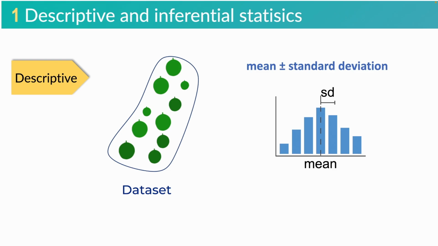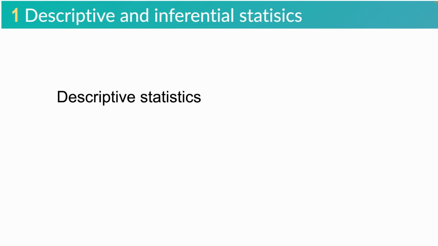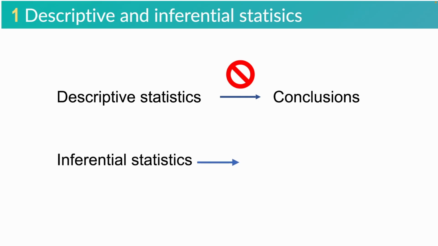We will delve into more detail on the measure of central tendency and the measure of variability later in this lecture. Descriptive statistics is used to describe the results of the dataset without making any conclusions. To make conclusions for a larger population from a dataset, we use inferential statistics.